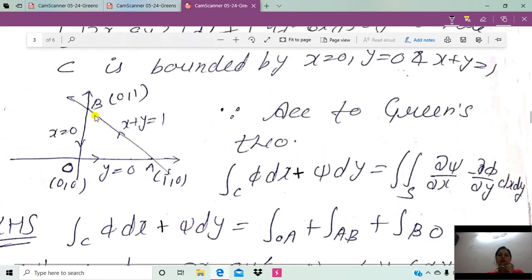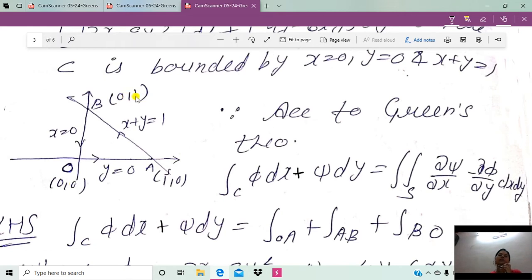So the third curve is, as we can see, the curve BO, and here we can see the value of x is equal to 0, therefore the value of dx will be 0. And this time the integration will be with respect to y, and for the limits of y, the starting point is B and ending point is O, therefore here the value of y is 1 and here the value of y is 0.